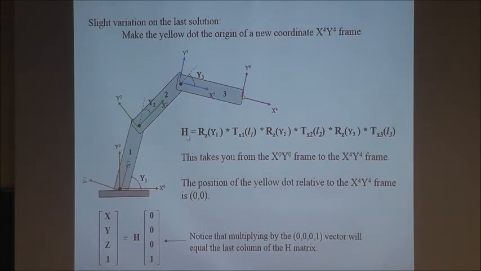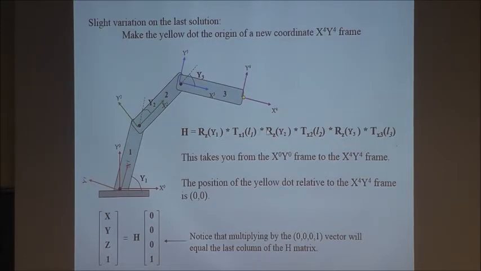In that case, the H going from here to here is rotation y1, translation L1, rotation y2 at the second joint, followed by the translation of L2, and then rotation of y3, and then one translation L3, which is the length of the last link.